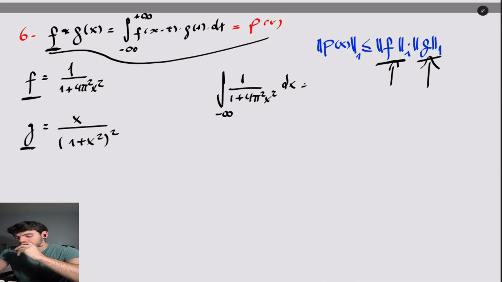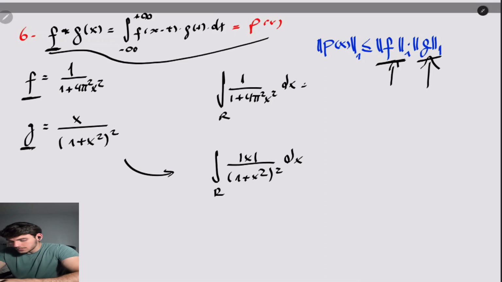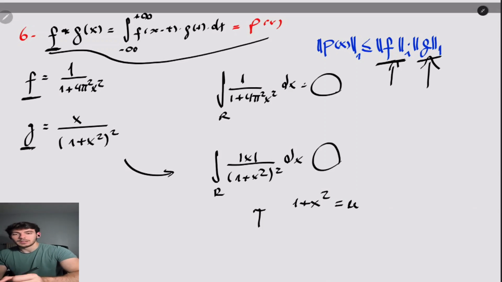This will give you, I guess, 1 divided by 2, something like that. And this integration here you can do as well: modulus of x divided by (1 plus x squared) squared dx over the real numbers. You can do this one by using substitution. If you set 1 plus x squared equals u, you can solve this one as well. You will find a value here, and a value here, and you will see that this is less than plus infinity.